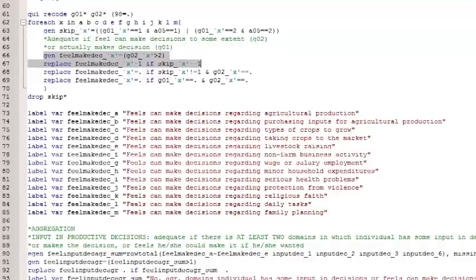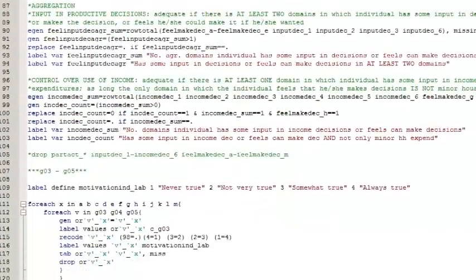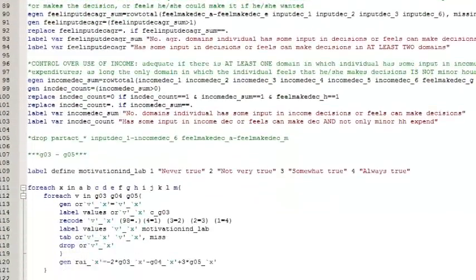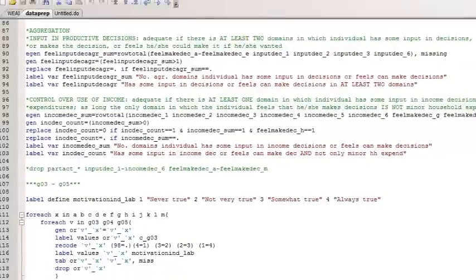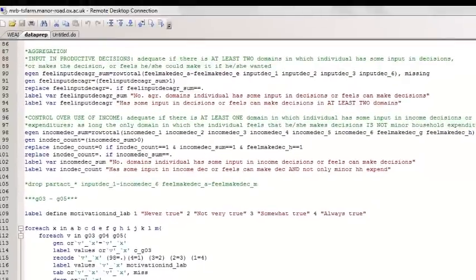Then we move on to aggregating these sub-indicators. First we create the indicator feel_inputdec_agg_sum. Feel_inputdec_agg_sum aggregates all the sub-indicators mentioned above related with decision making and agriculture.